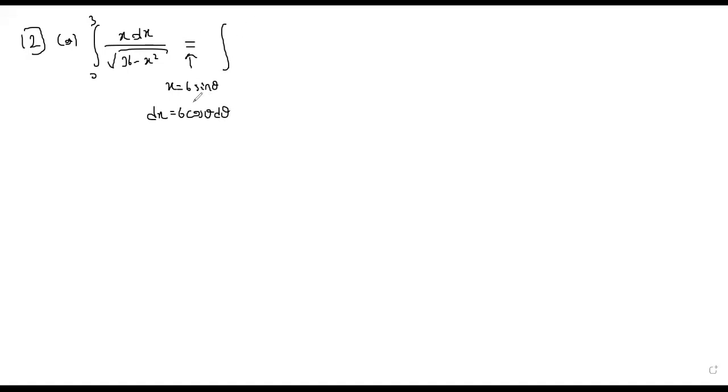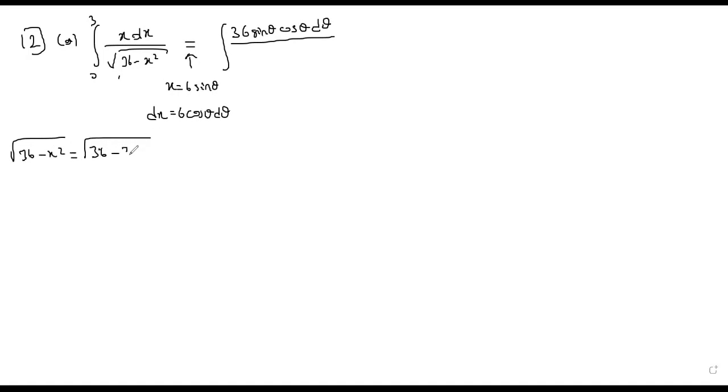So let's plug these into that integral. What do we have? x is equal to 6 sine theta, dx is equal to 6 cosine theta d theta, over this one. Now, if you plug x squared there, you will get 36 sine squared.